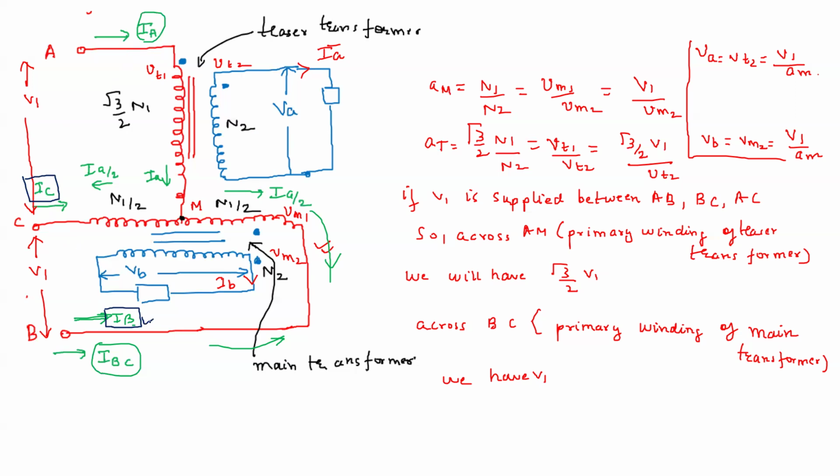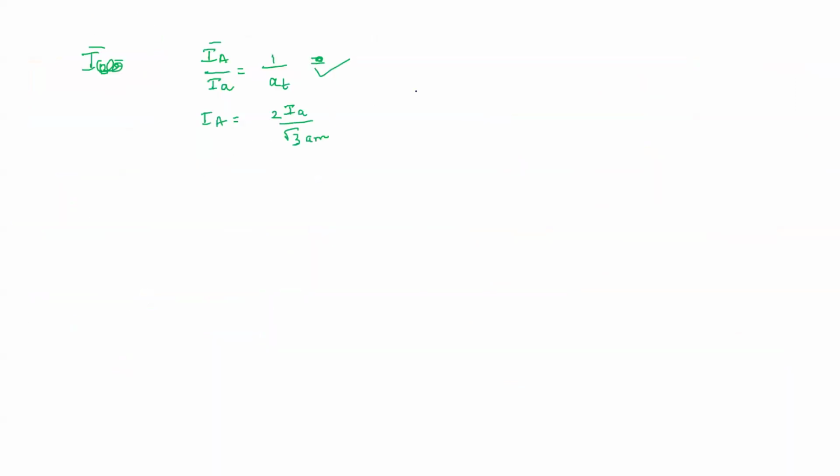But this IB and IC, we have to express them in terms of IBC and IA. Okay, so you see here, this is IA. Because IBC is flowing like this and I capital A by 2 is flowing like this, so IB using the KCL comes out to be like this.